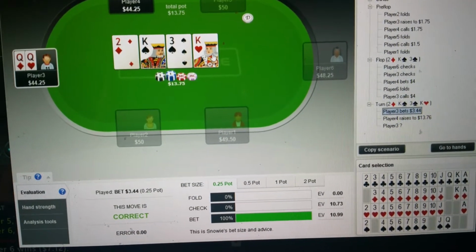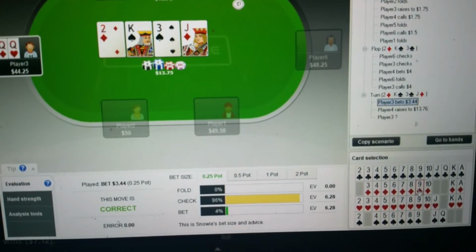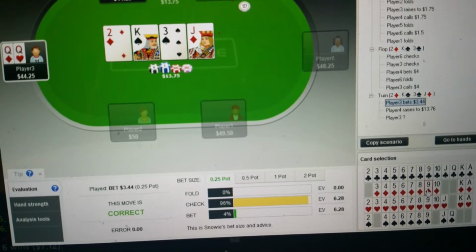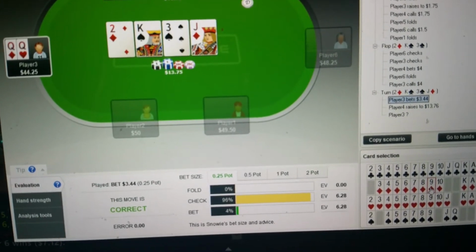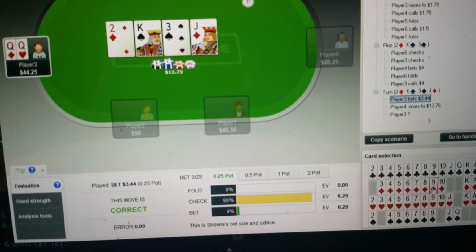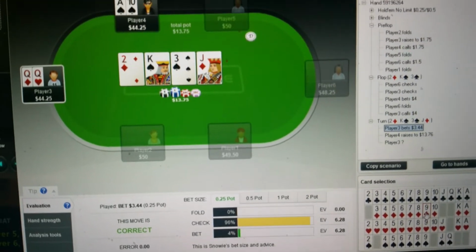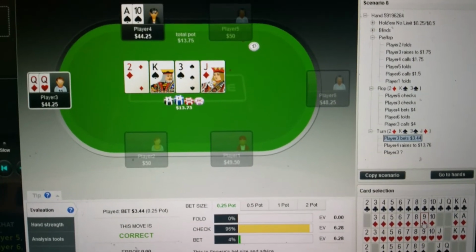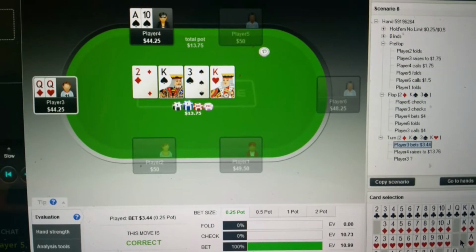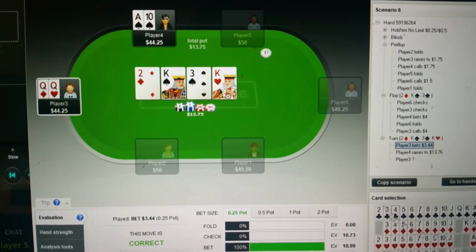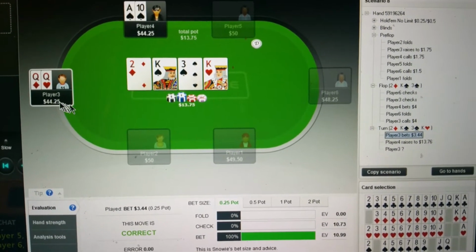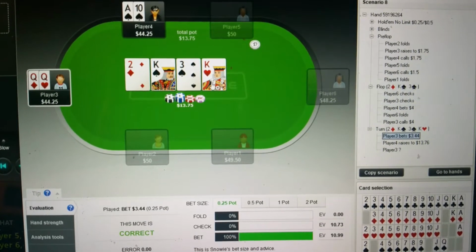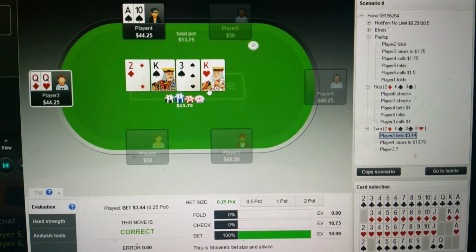So let's change that king on the turn. Okay, it does make a difference. So if the turn was a jack, then all of a sudden I'm supposed to just call, because it's more likely that he would have a king, I suppose. But if that were changed out to a red king, then all of a sudden I'm supposed to bet quarter pot on the turn. So it has to do with the likelihood that he has a king.